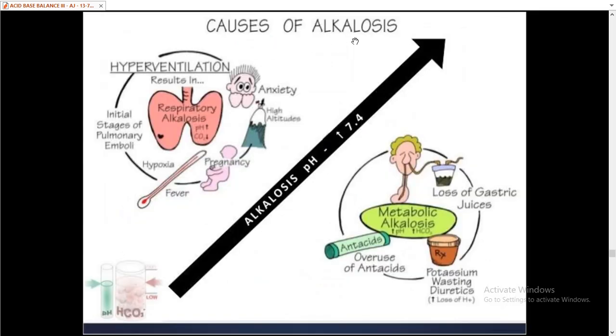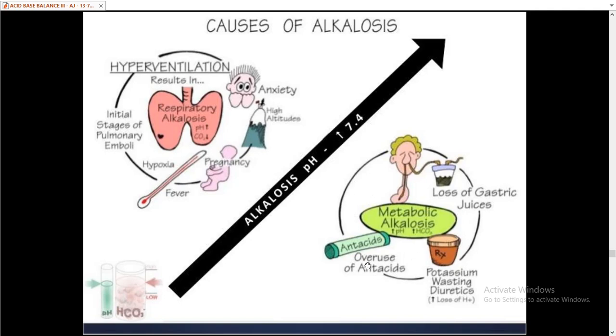Alkalosis occurs when the pH increases more than 7.4. There are two types of alkalosis: metabolic alkalosis and respiratory alkalosis. In metabolic alkalosis, both the pH and bicarb will rise. The common causes could be losses of gastric juices, potassium wasting diuretics, or overuse of antacids.